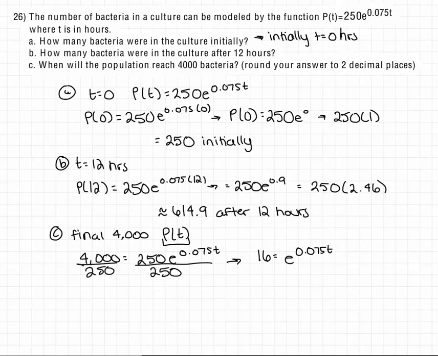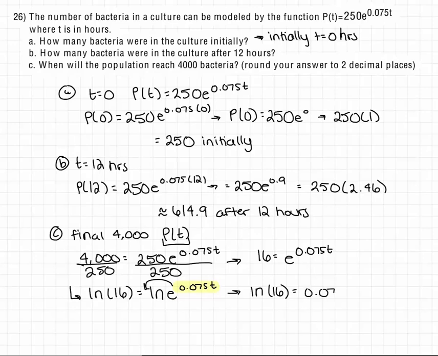Now to further simplify, we need to use our logarithmic rules or our natural log rules. So I'm going to take the natural log of both sides. And one of our properties of logarithms is the power property, which is we can take any exponent and bring that down in front of the logarithm. So let's go ahead and do that. We'll get the ln of 16 is equal to 0.075 t times the natural log of e.